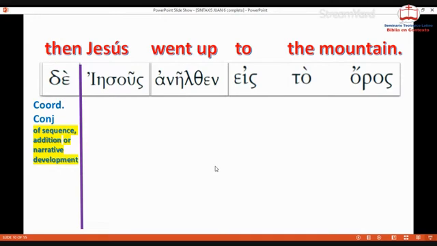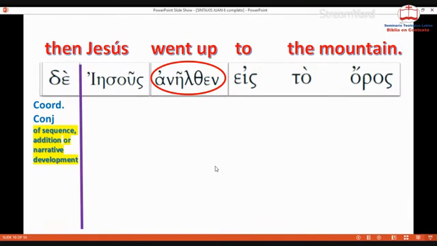Okay. Let's try to find the verb. Here's anilthen. In verse 1, we see apilthen. That comes from the preposition apo, and then ilthen is the same as erchomai. That's the verb erchomai.